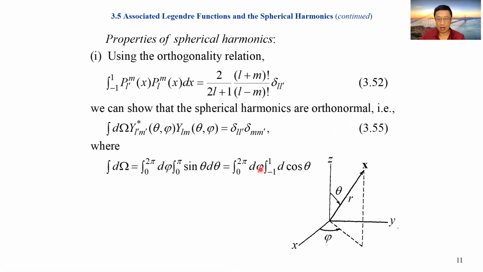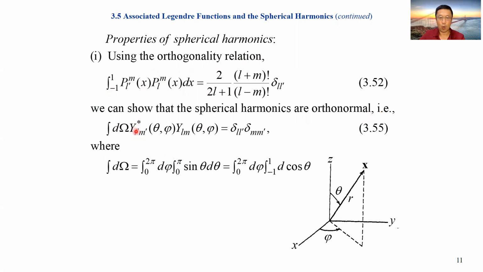However, I will continue and give you more properties without proof. The property of spherical harmonics, once again, orthogonality relations, from -1 to 1, and we can show that the spherical harmonics are orthogonal.